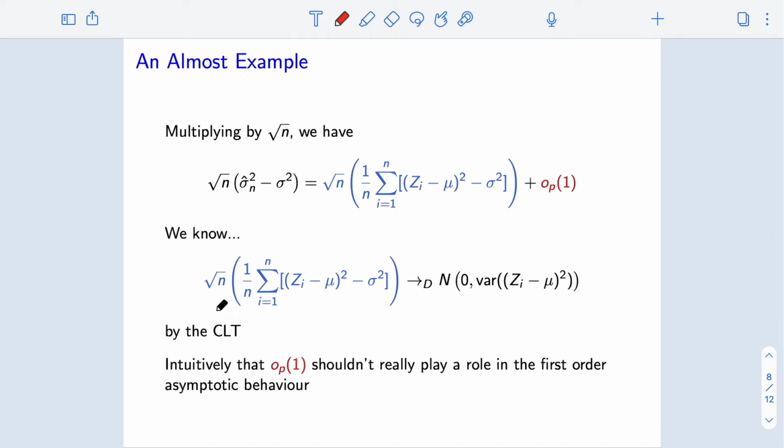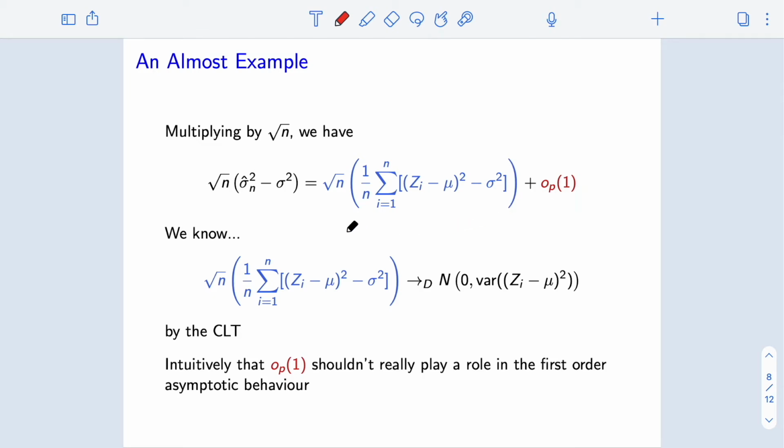Now we know by the central limit theorem that this will converge to a normal distribution with mean 0 whose variance is equal to the variance of each of these. And again, intuitively, this additional little op(1) term, this additional term that converges in probability to 0, shouldn't really play a large role asymptotically, right? Because once we scale up by square root of n, we have one term that stabilizes, that doesn't converge to 0 and doesn't shoot off to infinity, and another term that converges to 0 in probability.